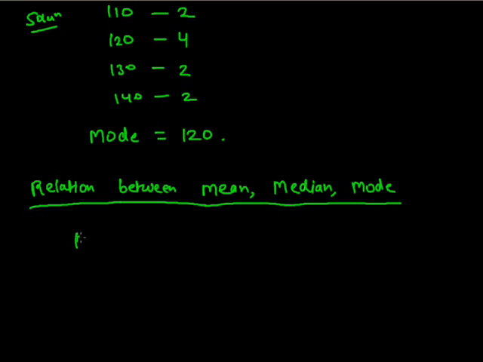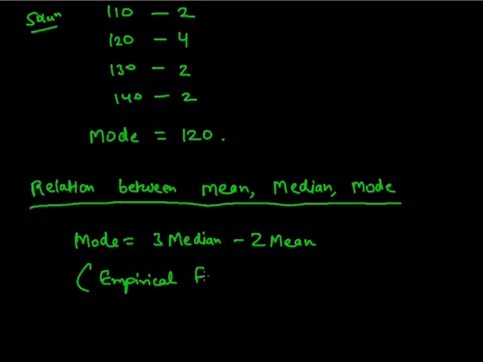The relationship is: mode equals 3 times median minus 2 times mean. If any two of these are given, we can easily find the third using this relationship. This formula is known as the empirical formula. So this is the relationship between mean, median and mode.